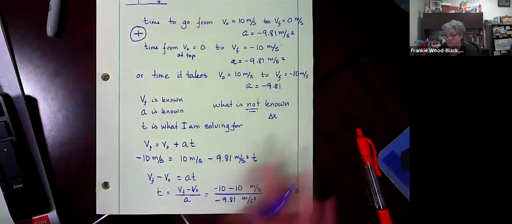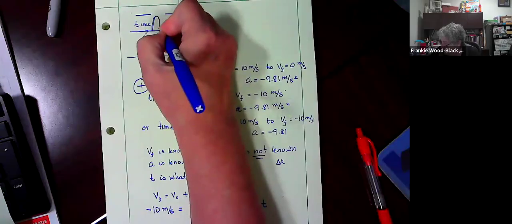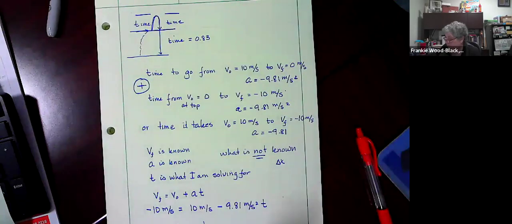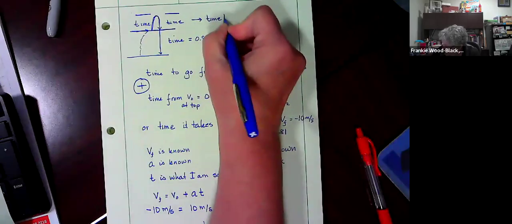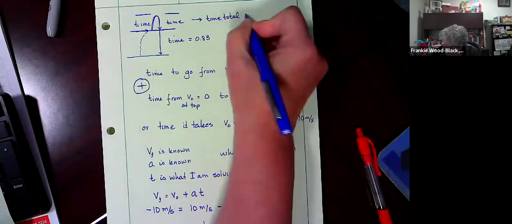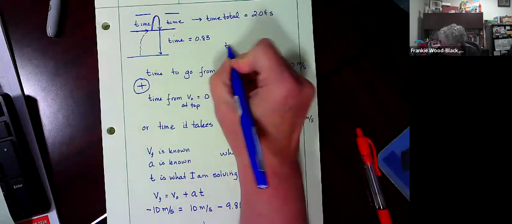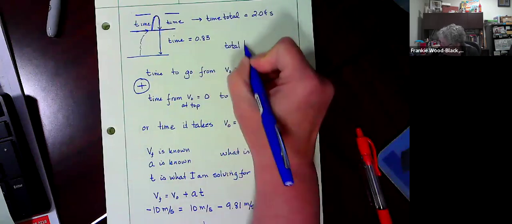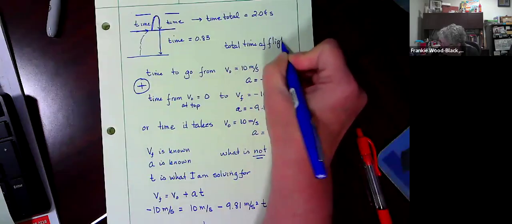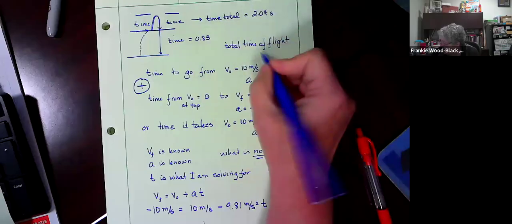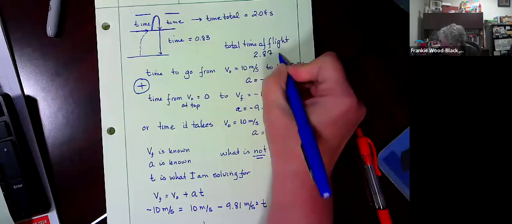But that's the time it takes to go from here to here. So that total time was equal to 2.04 seconds, but it wanted total time of flight. And adding those is going to be 2.87 seconds.